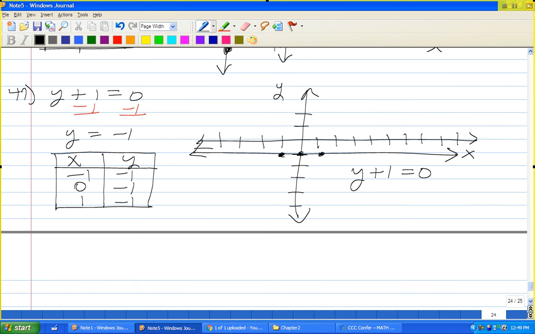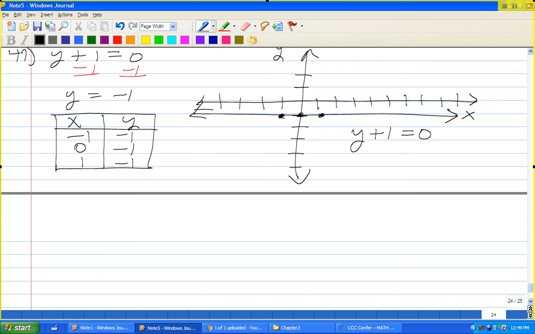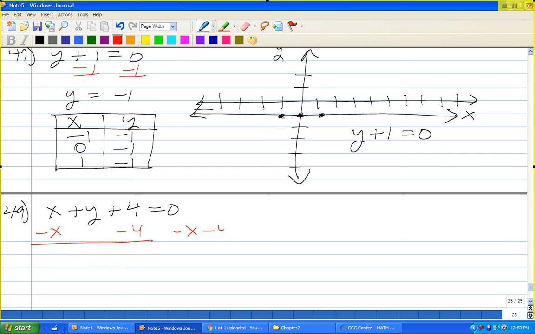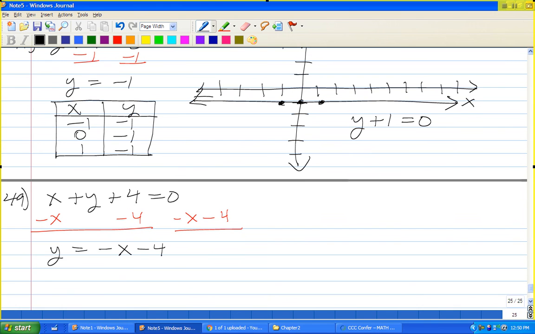49. x plus y plus 4 equals 0. Let me subtract x and 4 from both sides of my equation. So I have y equals -x minus 4.